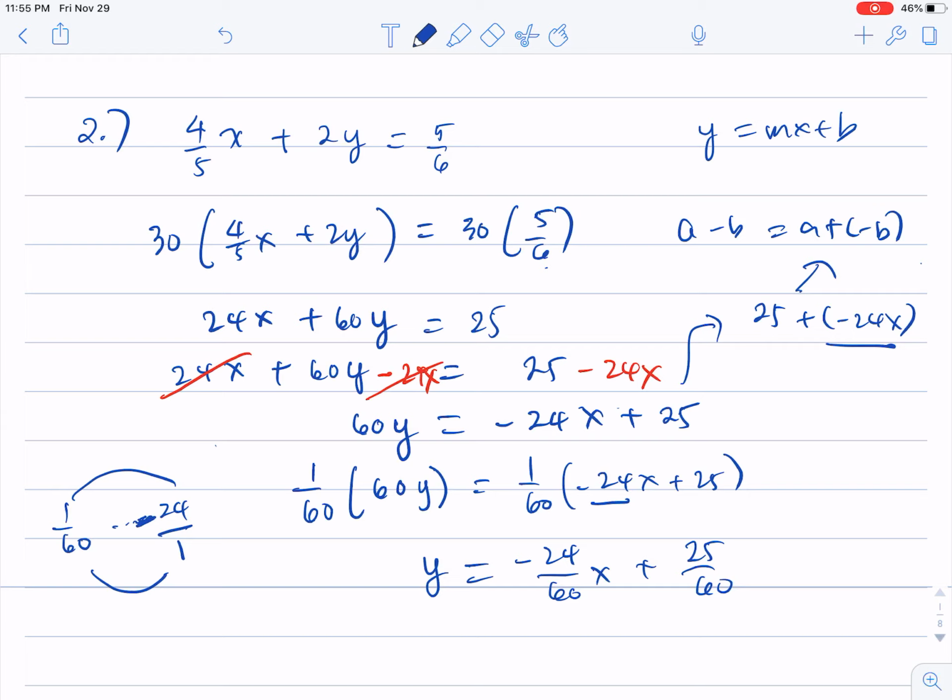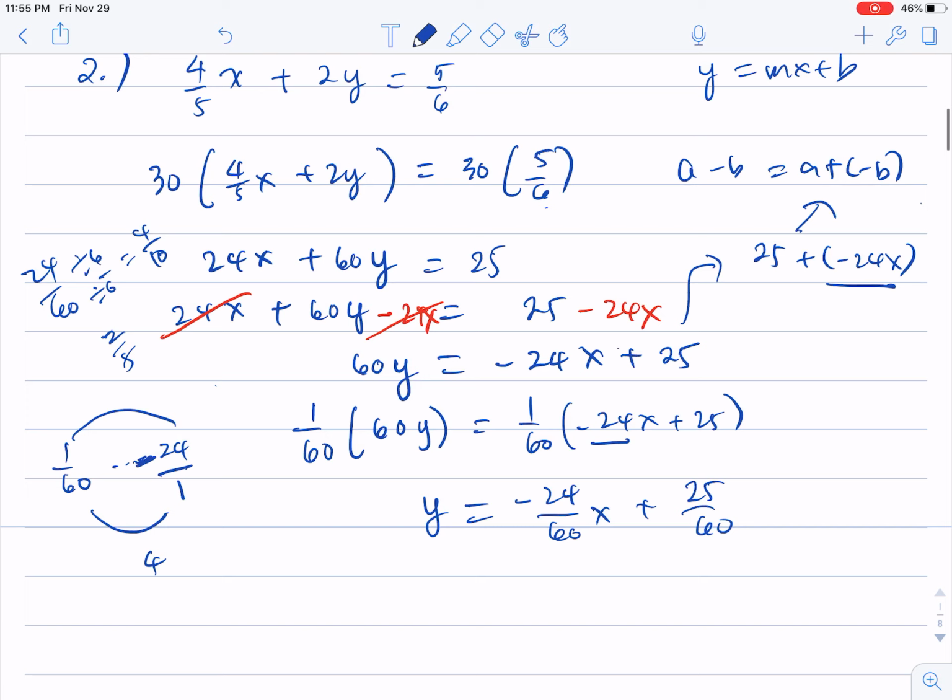Ano pwedeng i-divide natin sa 24 tsaka sa 60? Pwede bang 6? Magiging 4 over 10 siya, di ba? So 24 over 60 divided by 6. Magiging 4 over 10, no? 4/10. So magiging 2/5 siya. So magiging negative 2/5 ito.